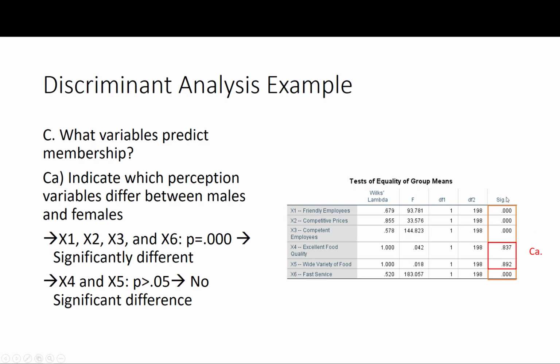So we look at this final column, and we see that for X1, 2, 3, and 6, they are shown to be significantly different in terms of the mean score for males and females on these variables, and X4 and X5 are not significantly different. So at this point we know that X4 and X5, excellent food quality and wide variety of food, are not predictive, do not predict group membership of males and females.